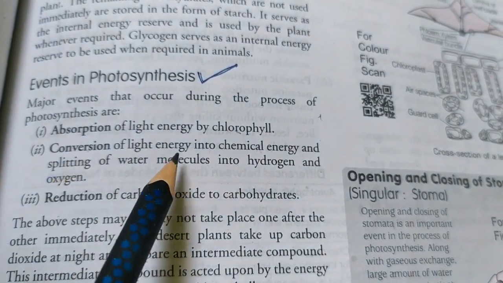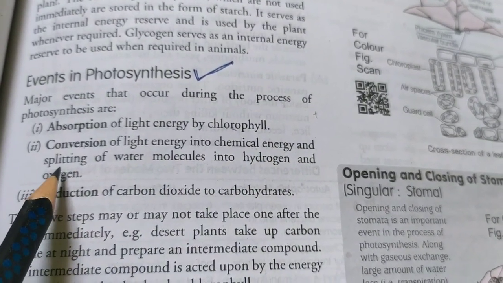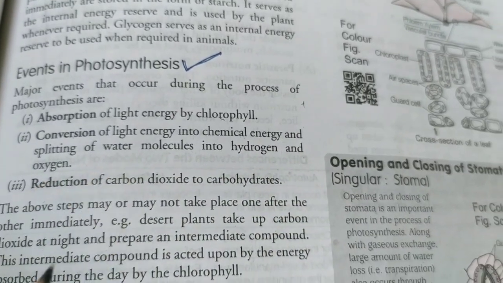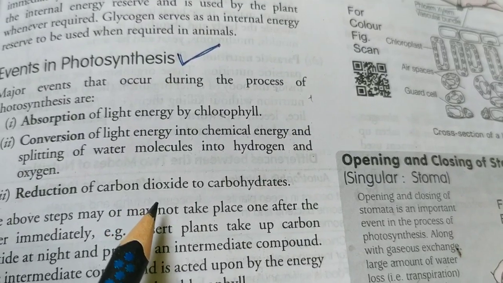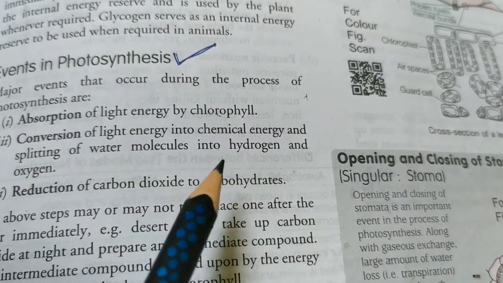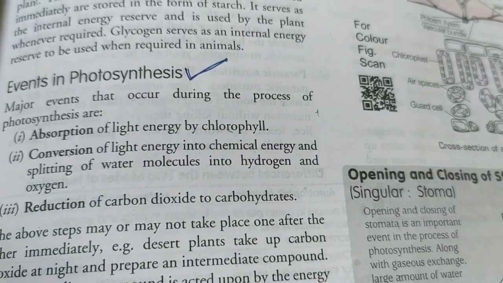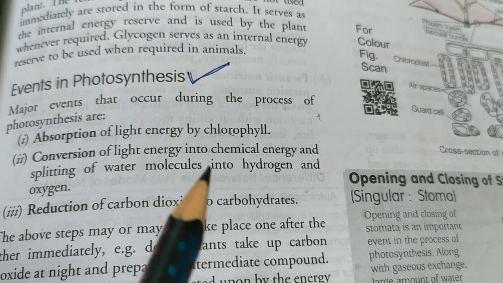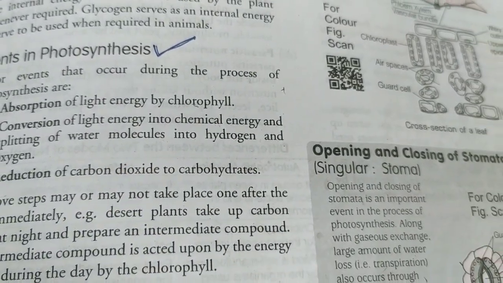Conversion of light energy into chemical energy, and at the same time, splitting of water molecules into hydrogen and oxygen takes place. And the third event is reduction of carbon dioxide to carbohydrates. These are the three important events which take place during photosynthesis. And this is one of the important points from the point of view of examination. This point is asked for 3 marks.